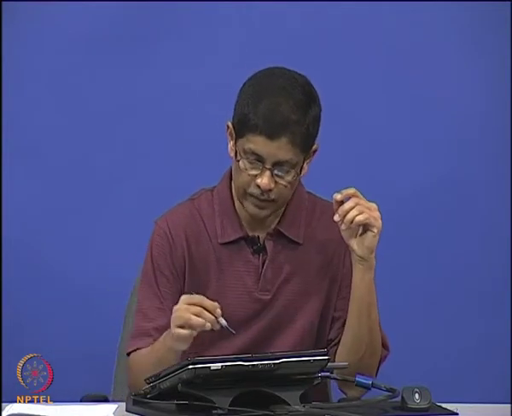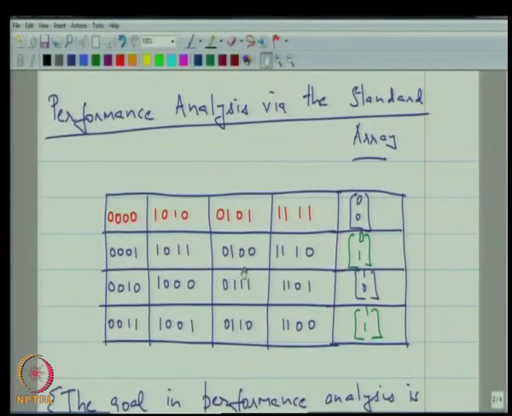So, for example, going down to this table here, let us say that the error pattern was 1 1 0 1, and I am going to encircle that in blue. Let us say that that was your true error pattern, or vector.